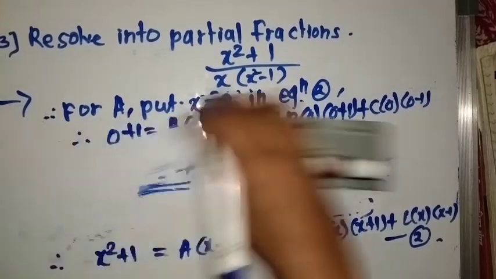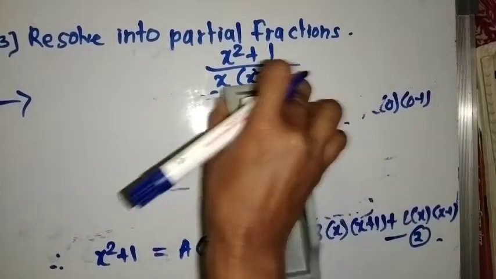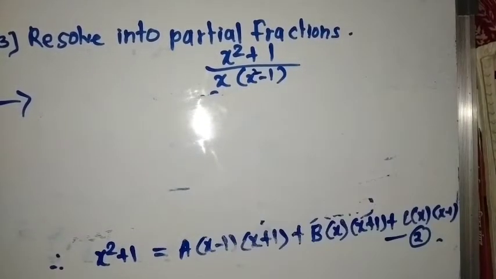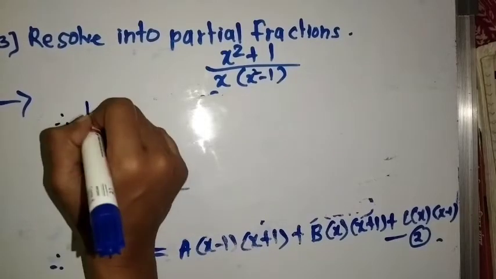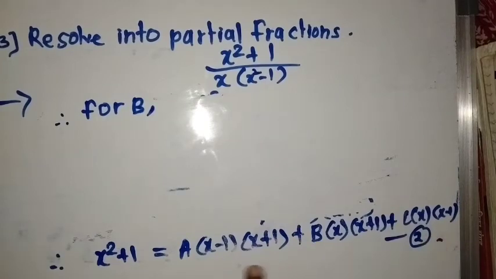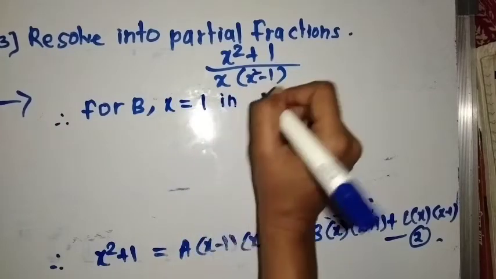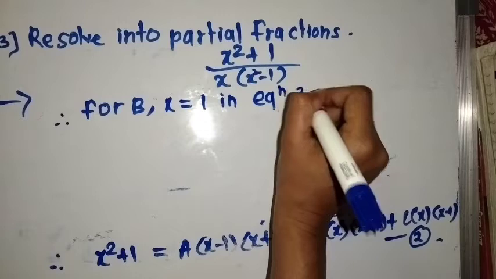Also we find out b. How to find b? For b, this and this value will be 0, so we put x is equal to 1, 1 minus 1, 0. So we put x is equal to 1 in equation 2.